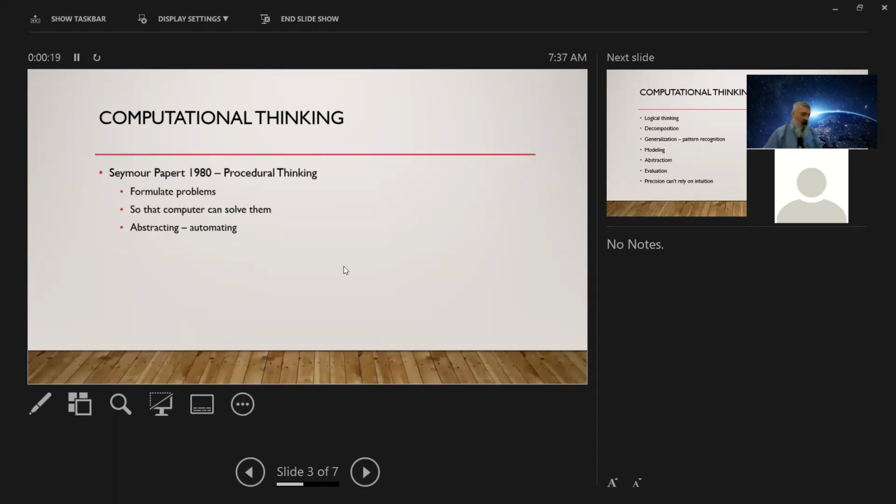The idea that I want to get through today is that there's a different way of thinking if we want to solve problems using computers. And that's the idea of this course: solving problems with computers.